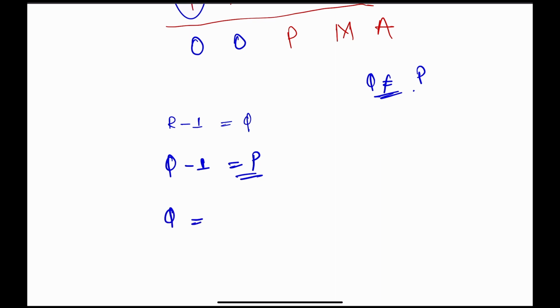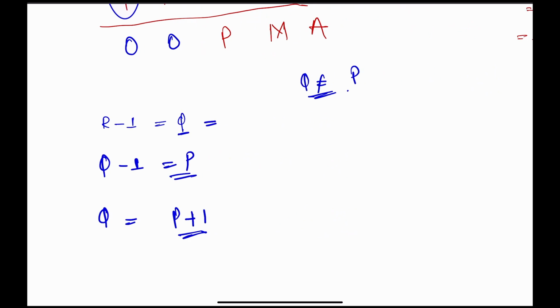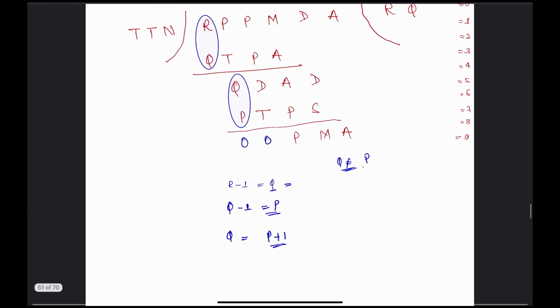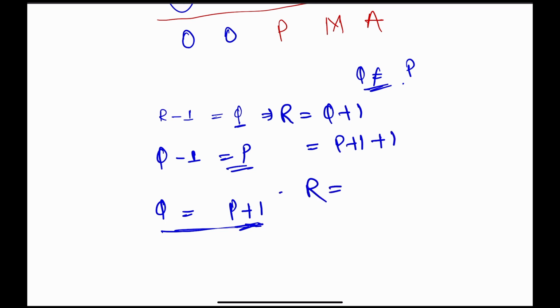So q equals p plus 1, and r can be written as q plus 1, and the value of q we already know, p plus 1, so p plus 1 plus 1, so r will be equal to p plus 2.